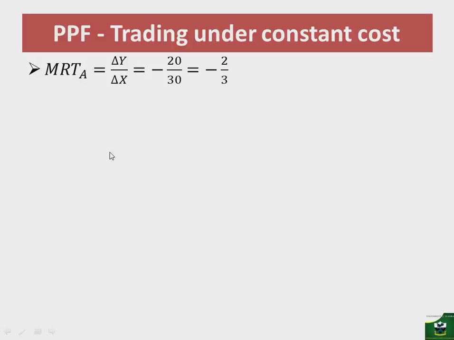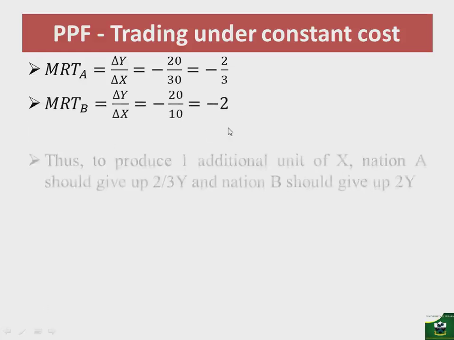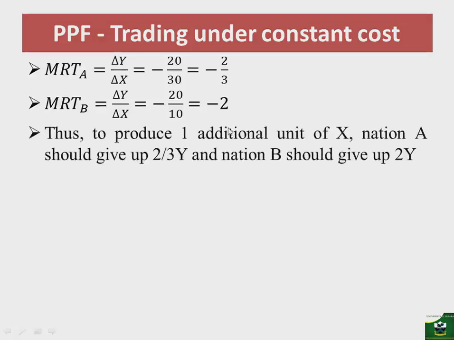Okay, so for nation B, if you do the same and get the slope, you will land at negative 2. Thus, to produce one additional unit of X, nation A should give up 2/3 of Y, and nation B should give up 2 units of Y. Recall again that when measuring the opportunity cost, you have to measure it in terms of the units of the foregone.